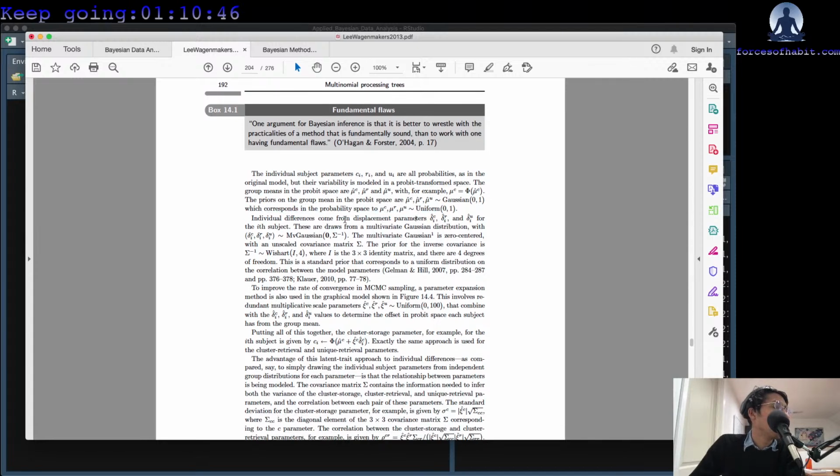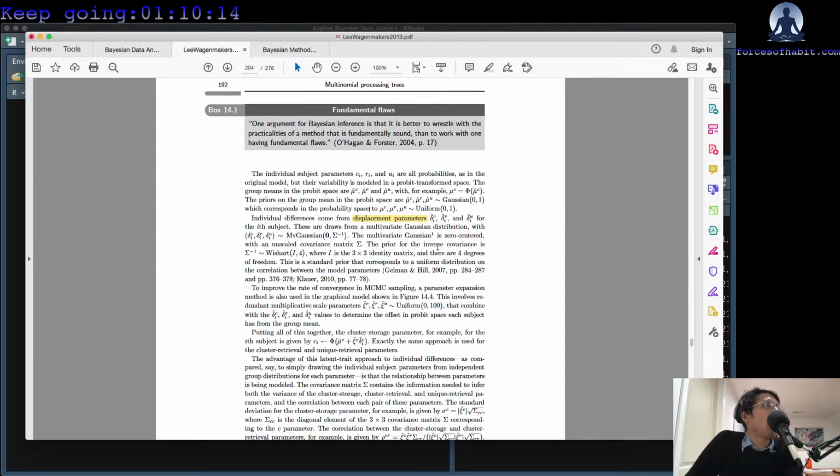So each subject gets a displacement parameter, and they're drawn from a multivariate Gaussian distribution that is zero-centered. This is why each of these represents deviations from the average, right? The average being represented by this mu parameter, the average of the group.